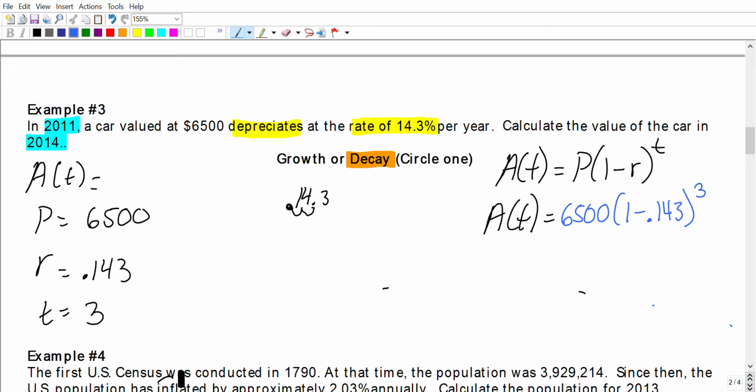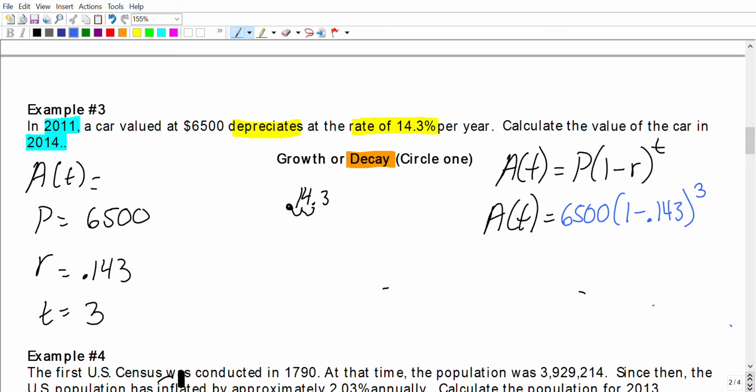Let's go ahead and type that into our calculator. We should get 6,500 times parentheses 1 minus 0.143. Be careful that you're using minus. And then this is going to be raised to the third.